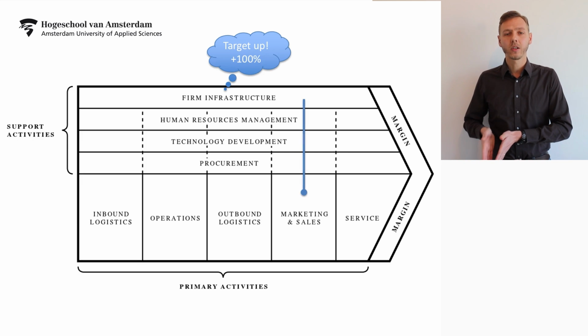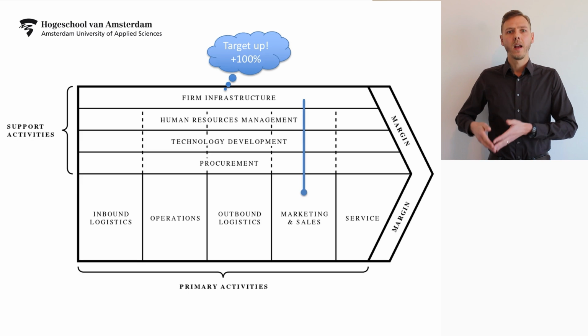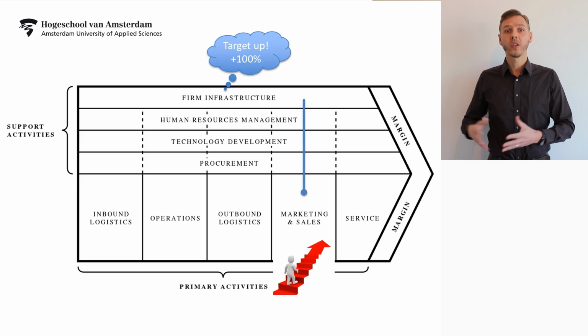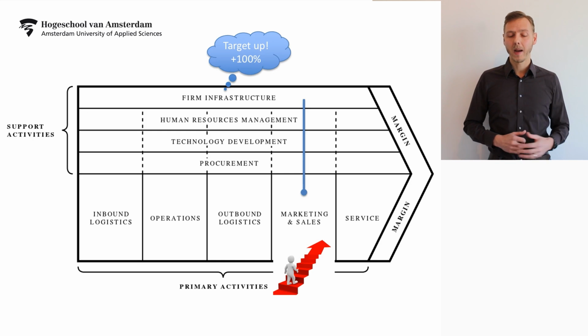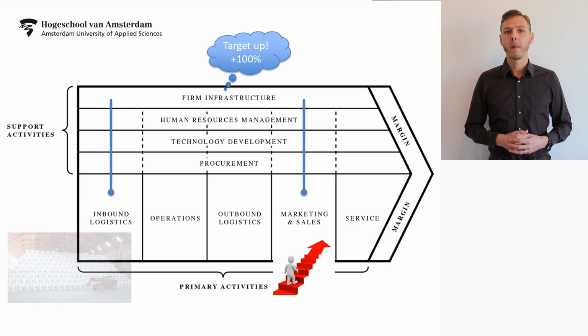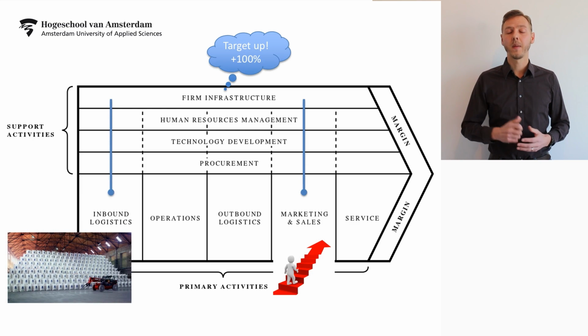So marketing and sales, this is your first internal linkage, has to know about these goals, because the sales team has to run harder, has to sell more, has to perhaps find different buyers for your product. But you can also imagine that your inbound logistics needs to know this. That's your second internal linkage, because they have to buy new products. I just mentioned procurement. So procurement has to know that higher volumes will enter your business. That's another internal linkage.